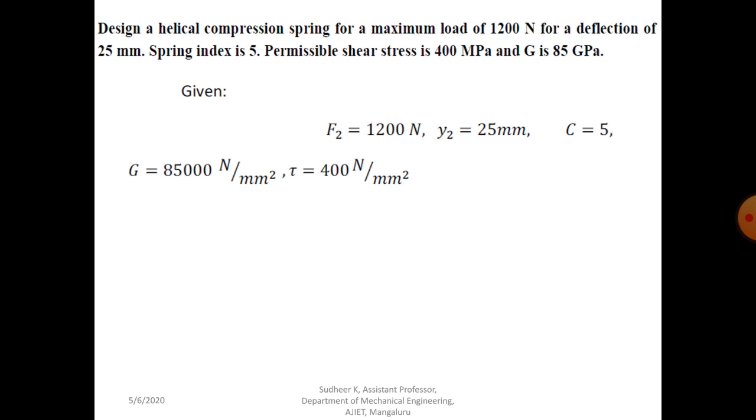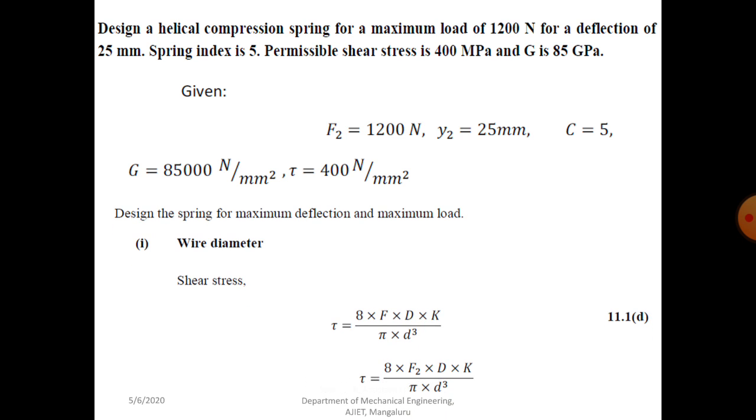Now we'll see how to solve this type of problem, that is design. The complete design includes finding all the dimensions of the spring, that is the helical spring dimensions. The first step: design the spring for maximum deflection and maximum load.